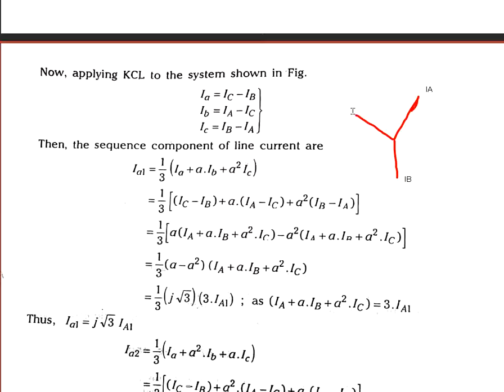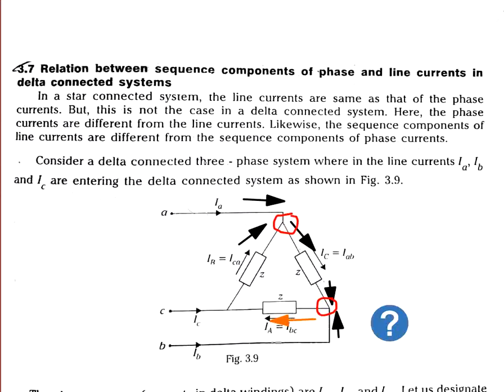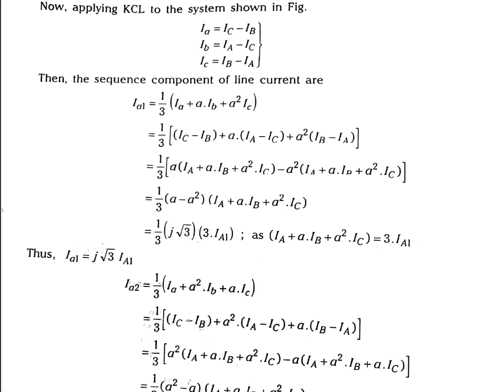Don't worry about the capital and small letters. However, we have done this for the phase voltage, the same thing. IA1 is the positive sequence component of line current. So this will give IA plus A IB plus A square IC.